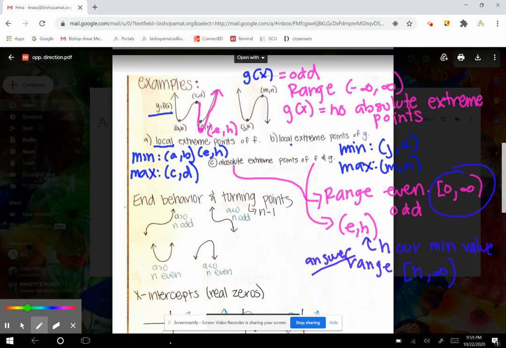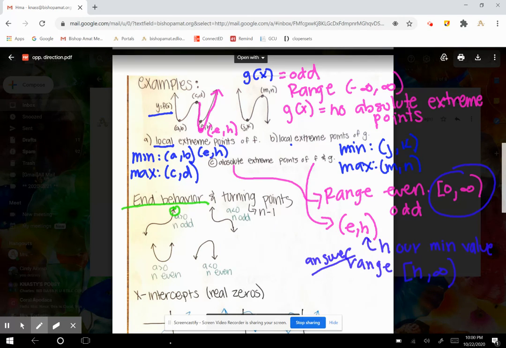Okay, let's look at end behaviors and turning points. End behaviors, if A is going to be your very first coefficient. If A is greater than 0 and N is odd, meaning your degree is odd, your graph looks like this, where your arrow starts on the left-hand side and goes down to the right.